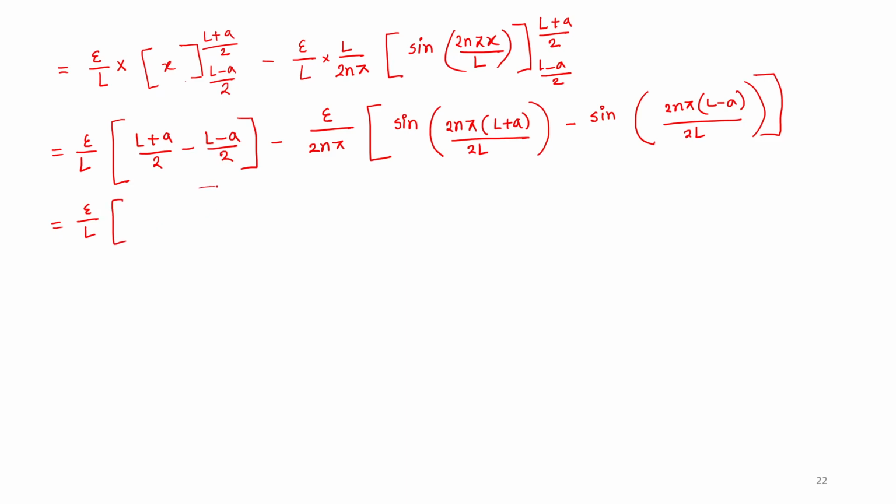Epsilon by L, you can see not this part, but the other part, L plus A minus L plus A, L is gone. So you are going to get 2A, but 2 cancels, so you are going to get A epsilon by L. What about this part? This is epsilon by 2n pi sine 2 n pi.